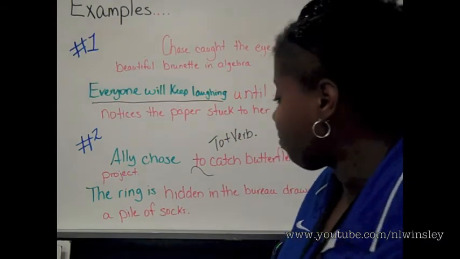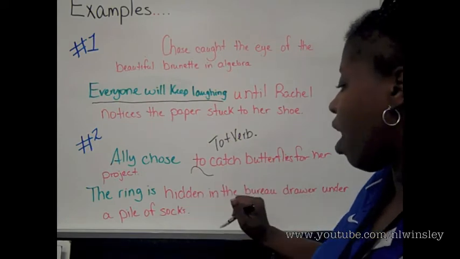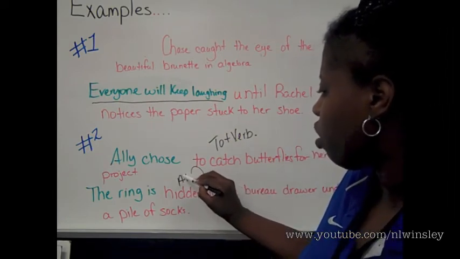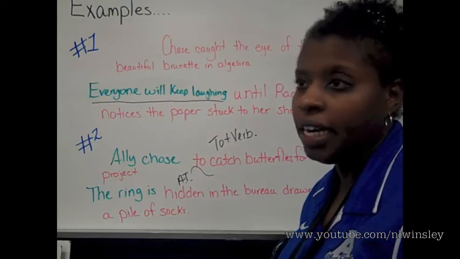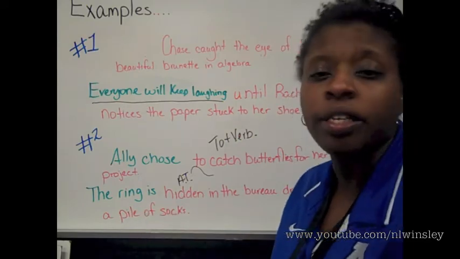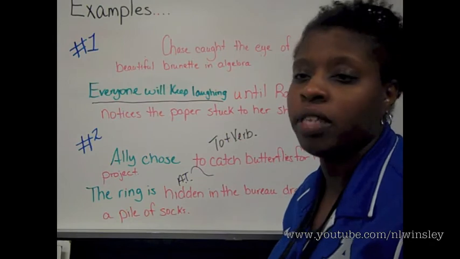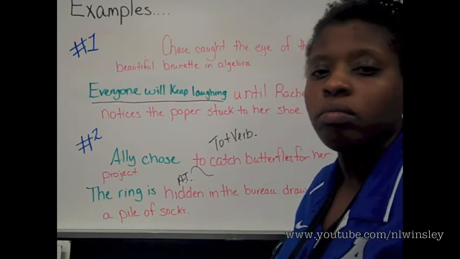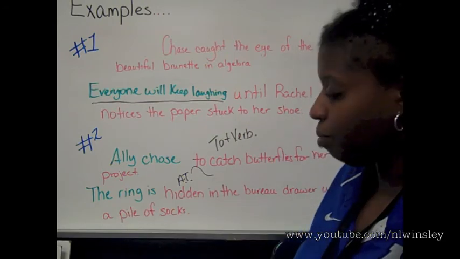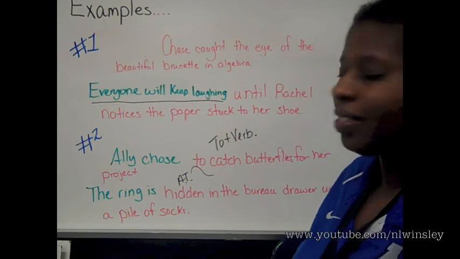Let's do one more. Hidden in the bureau drawer under a pile of socks. This looks like an afterthought, or AT. So I need to know, well, what is hidden in the drawer? Okay, the ring is. The ring is hidden in the bureau drawer under a pile of socks. So now my fragment is a complete sentence, and my foolish fragment is no more.